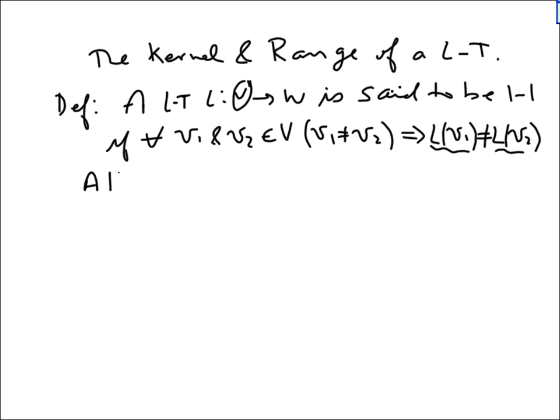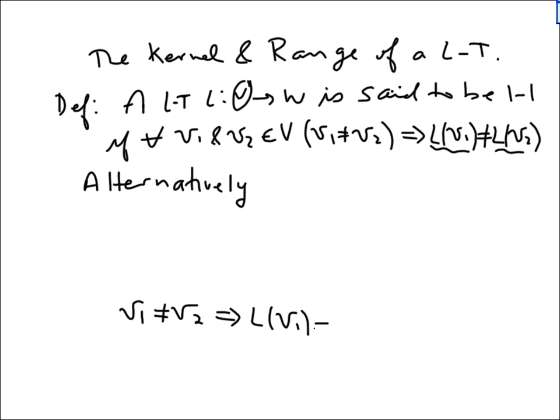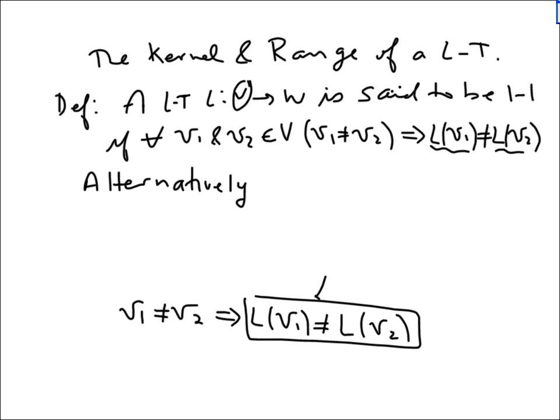Okay, I don't like that definition personally. Alternatively, let's see what we have. We have V1 not equaling V2 implies that L of V1 does not equal L of V2. We can do the contrapositive. We negate this: if it is not true that L of V1 does not equal L of V2, well, that means they are equal.